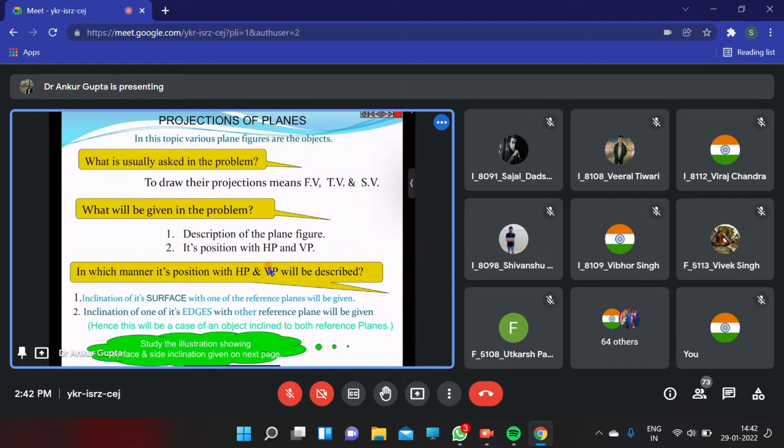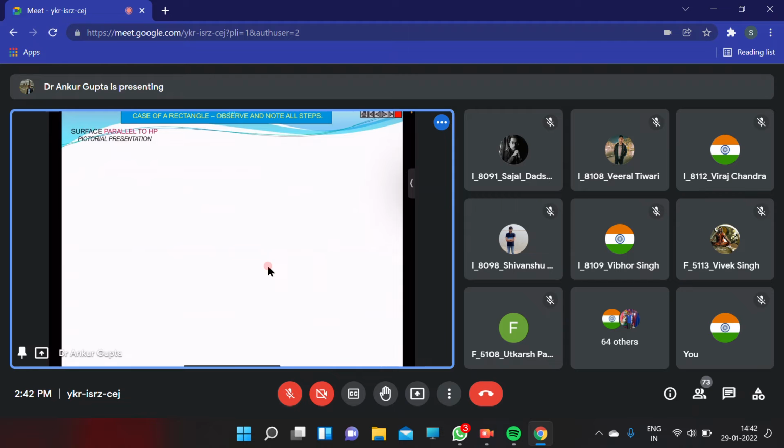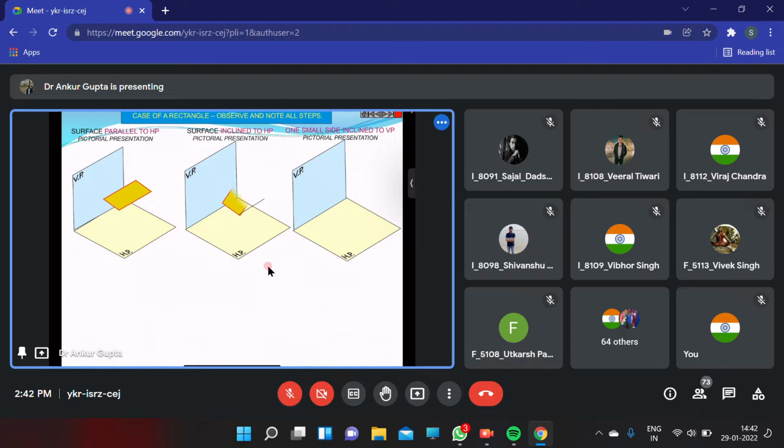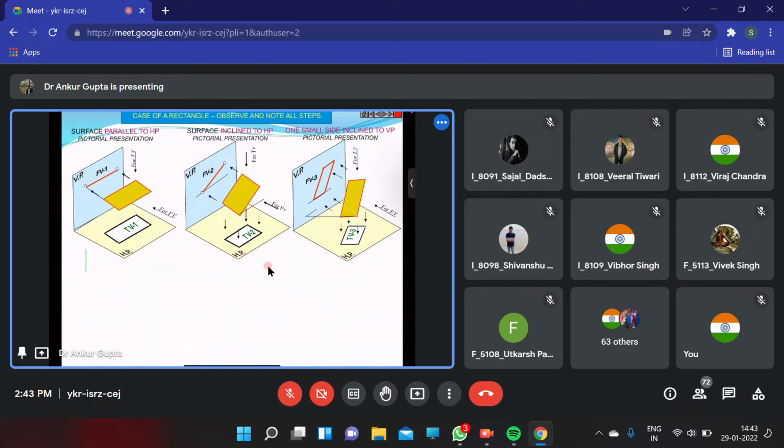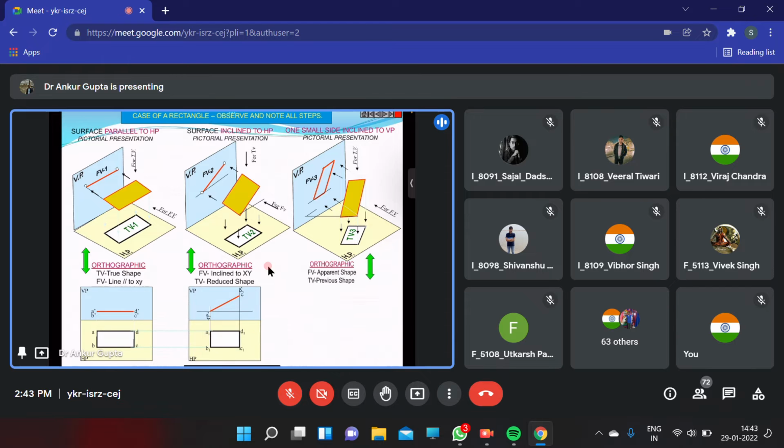Inclination of its surface with one of the reference planes will be given, and inclination of one of its edges with the other reference plane can be given. So either it will tell you about the surface or about the edge. Okay? This we have already discussed. Now tell me, what is new in this?